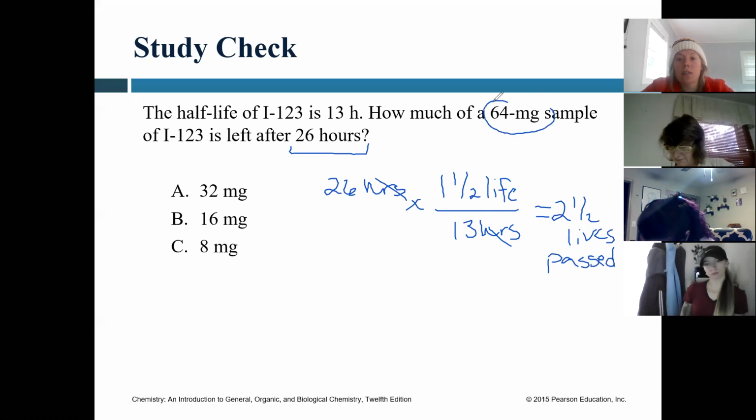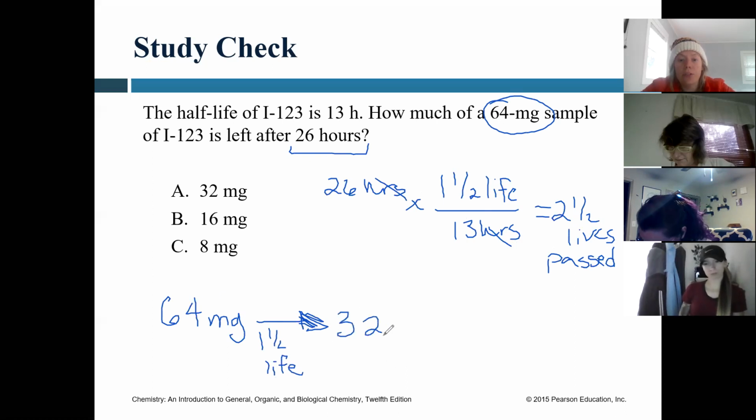We start with our initial sample. It's 64 milligrams. I have to go through 1 half-life. We take the 64 and we cut it in half, and we get 32 milligrams. But I need to go through 1 more of these. So we're going to cut it in half again. So 1 half-life.